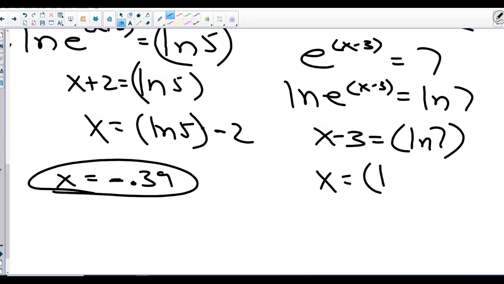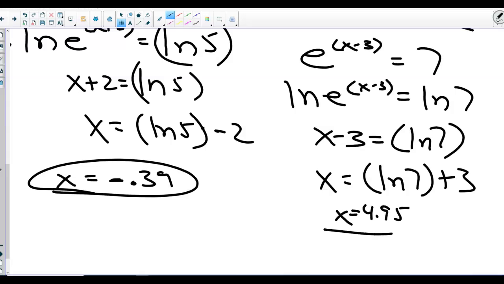My x is going to be the natural log of 7 plus 3. So from there, it's just your calculator. Natural log of 7, and we get x equals 4.95. 4.95 minus 3, if I raise e to that, I get 7. Multiply it by 2, I get 14. But you can plug these numbers back in using your calculator and check your work.